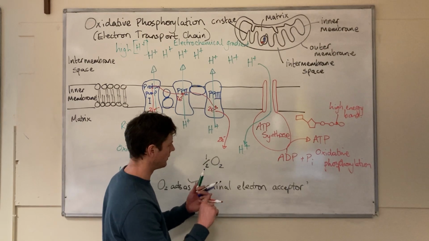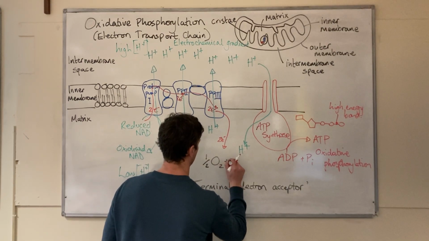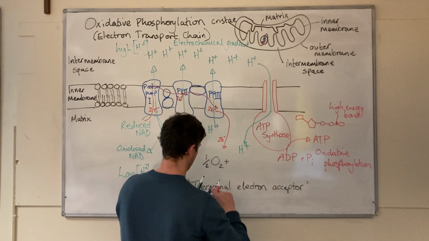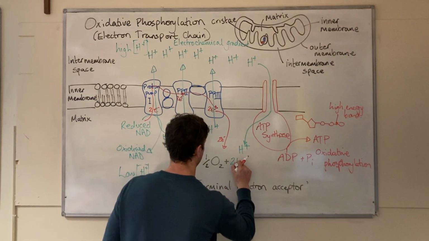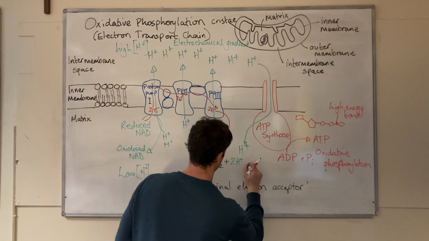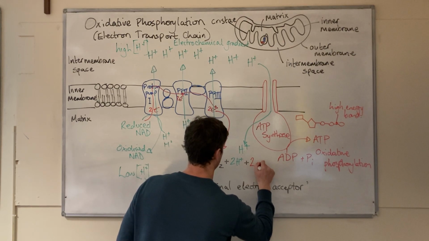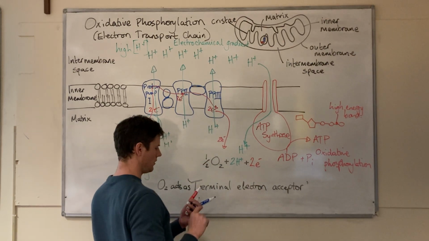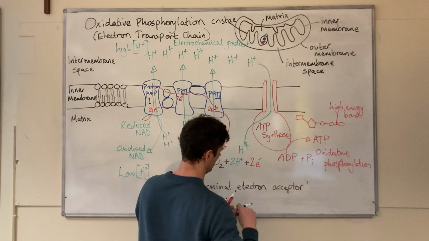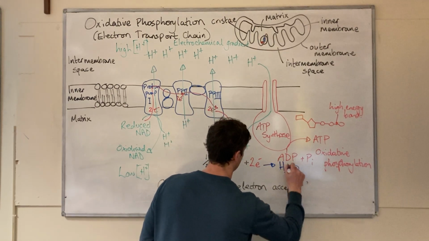So half an oxygen molecule combines with 2 protons and 2 electrons to produce water.